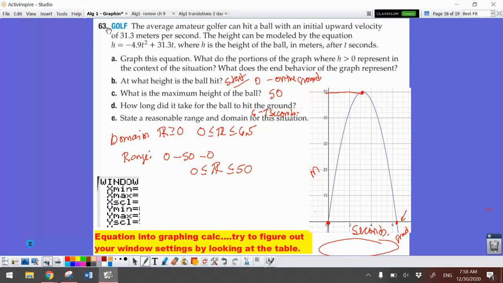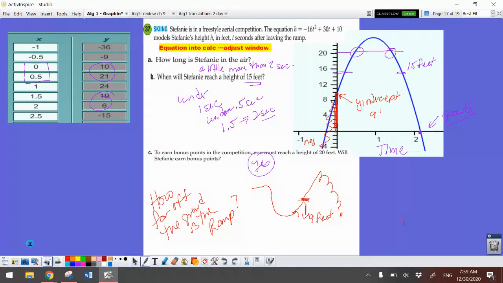Let's go back and talk about the domain and range on this problem. So the domain on this problem, if I wanted to think about where I'm going, I'm starting at 0 and I'm stopping at 2.2, 2.3. We'll go ahead and call that 2.5. Okay, so this is the seconds. That's my domain. The range, well, where am I starting?